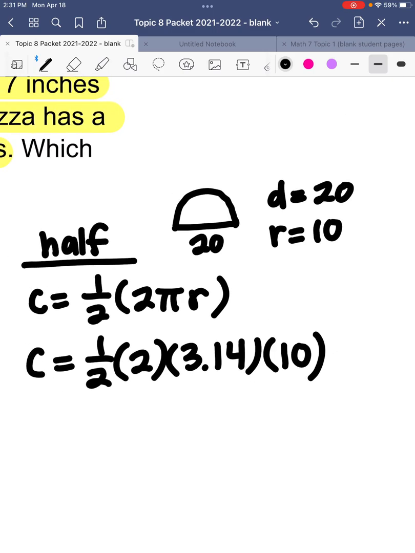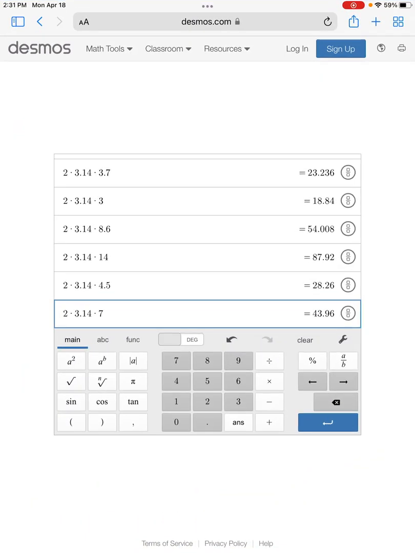Okay? Are y'all following? So I'm going to put all of that into my calculator. And instead of typing half like that, I'm going to use 0.5. So we have 0.5 times 2 times 3.14 times our radius, which was 10.